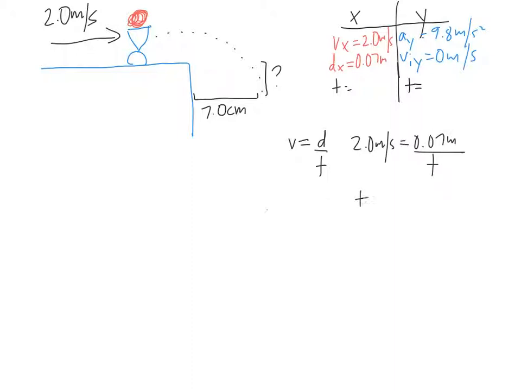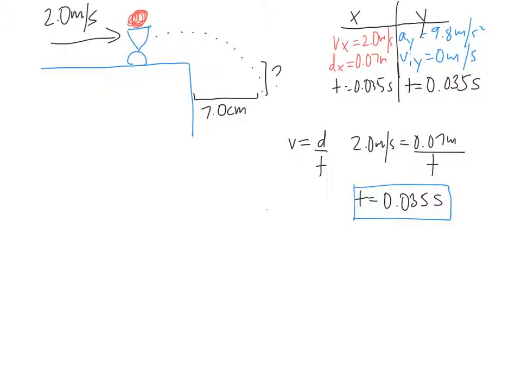Solving for t, you should get 0.035 seconds. So now we can write that over here: 0.035 seconds.